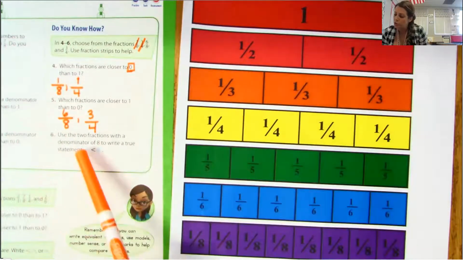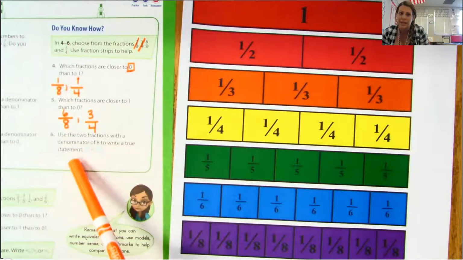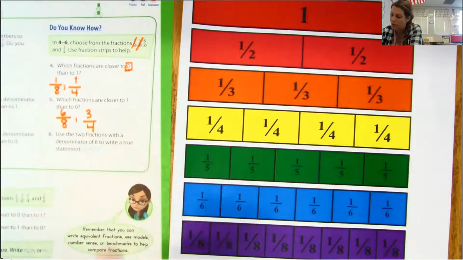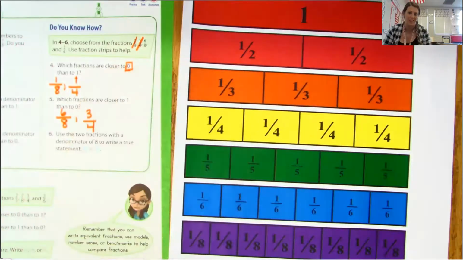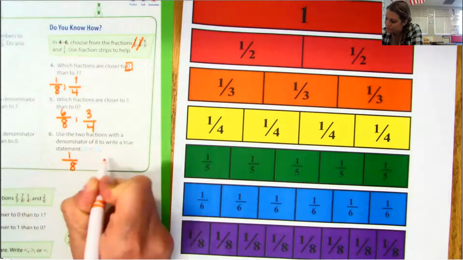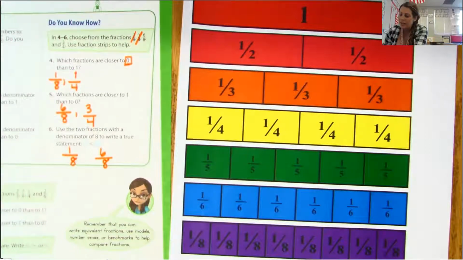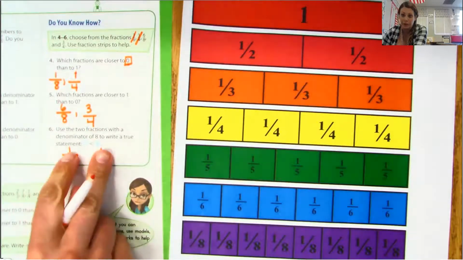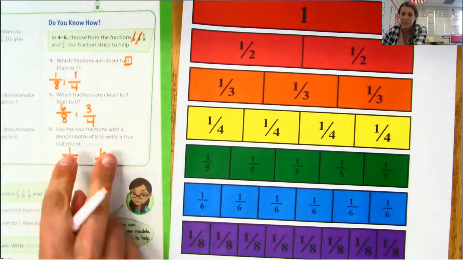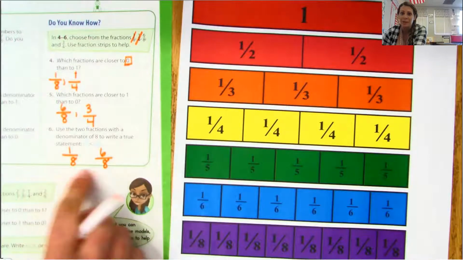All right, use the two fractions with a denominator of 8 to write a true statement. Blank is less than blank. Okay, so we've got 1/8 and we've got 6/8. Which one is smaller? All right, let's look at this. 1/8 and 6/8. Well, we talked about in the video, if the numerator is the same, we look at the denominator to help us, right? But what's the same here?